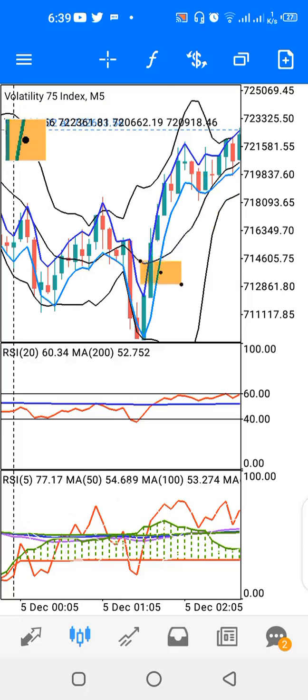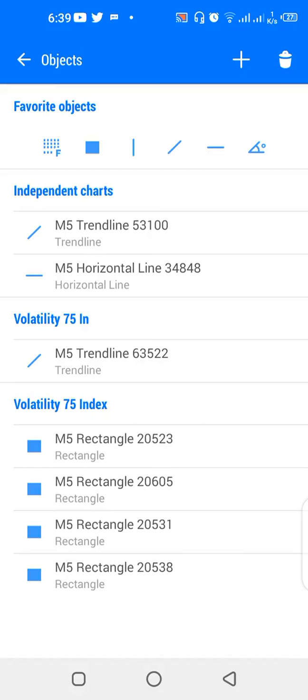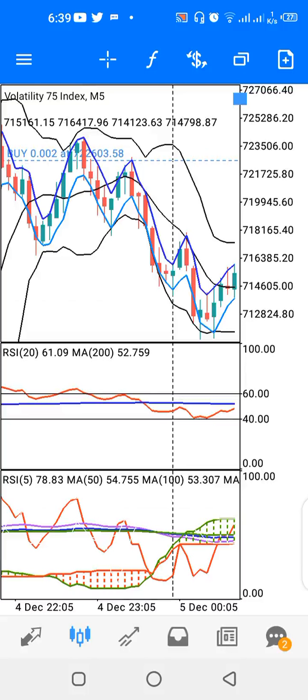So I allow price and the two moving averages to cross above the mid band for me to have a buy position. And for me to have a sell position, I allow the two moving averages with price to close below the mid band. The mid band is my confirmation, so to speak, of when to place a buy or sell trade.